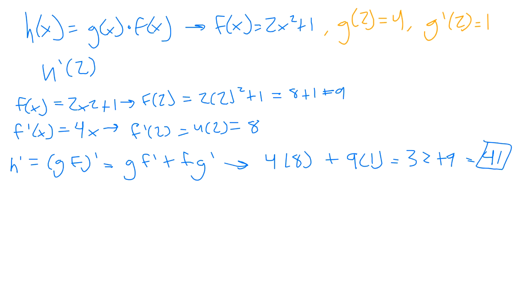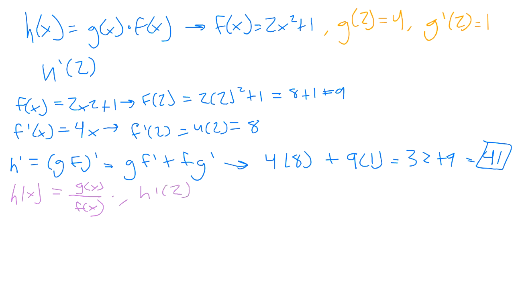But now let's try this again, but let's say this time h of x is equal to g of x over f of x. In the end, we still want h prime of 2.